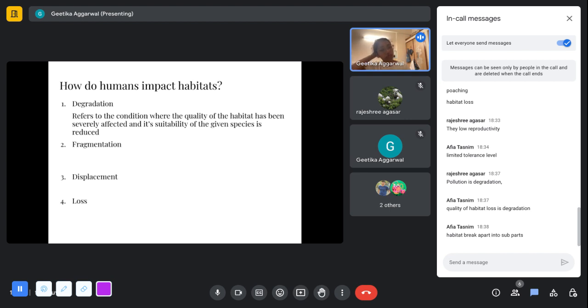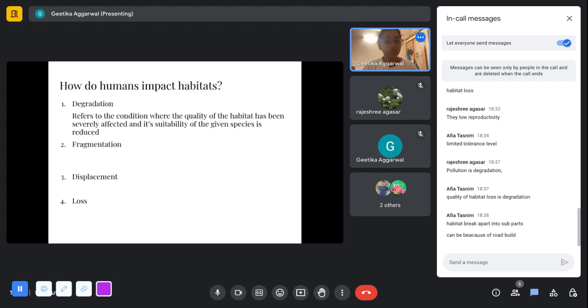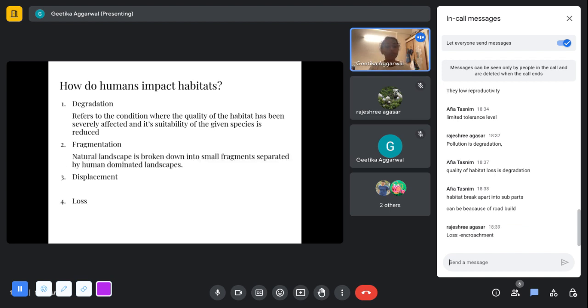That is correct. So can you elaborate how that might happen, or how is it brought about? What causes habitat fragmentation? Yeah, it could be because of the building of roads. So you're correct. So habitat fragmentation basically involves, yes, encroachment.